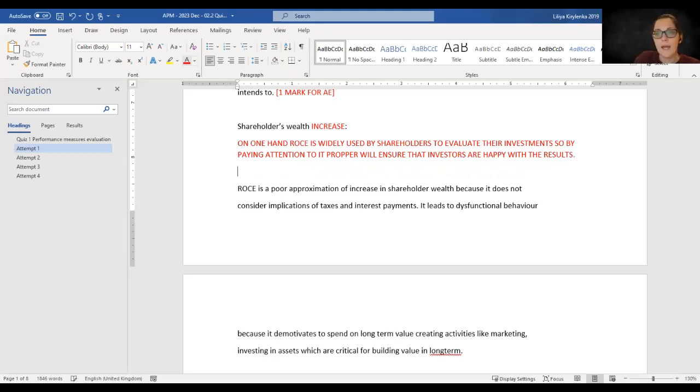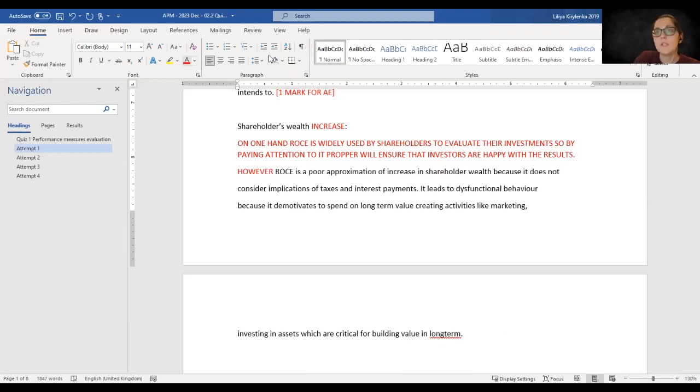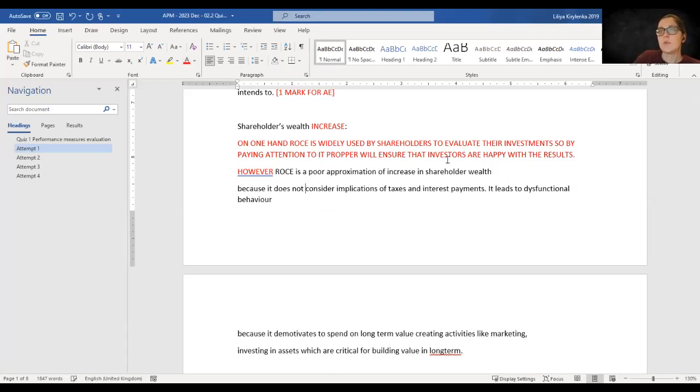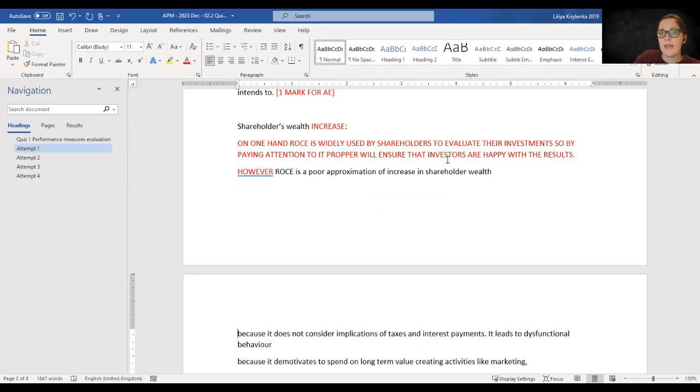And then we need to say, however, return on capital employed is a poor approximation of increase in shareholders' wealth. So you can say that, yes, it does not really talk about what shareholders get, because shareholders get money indeed after the interest was paid to the bank and the taxes were paid.